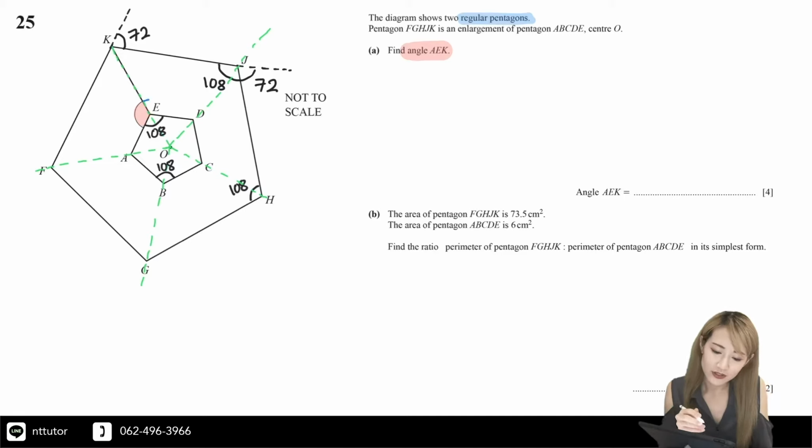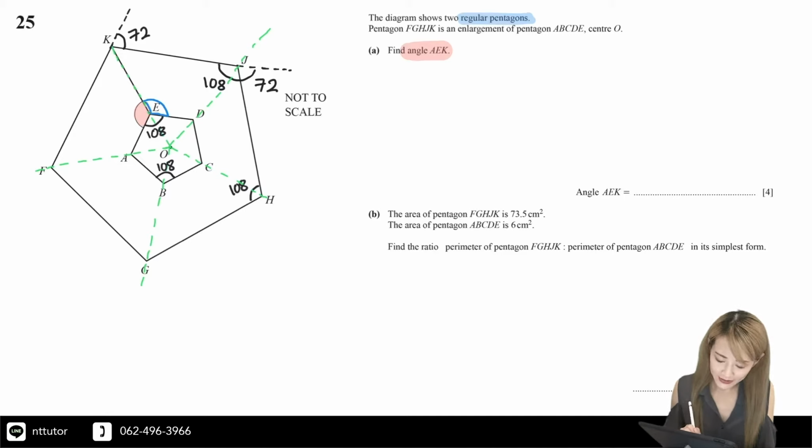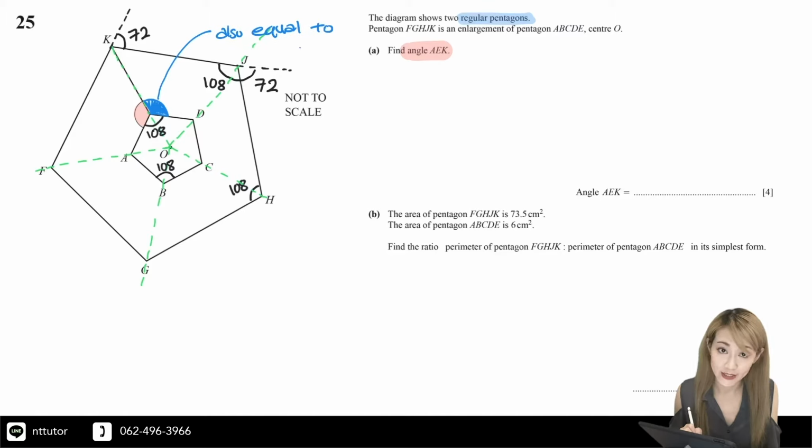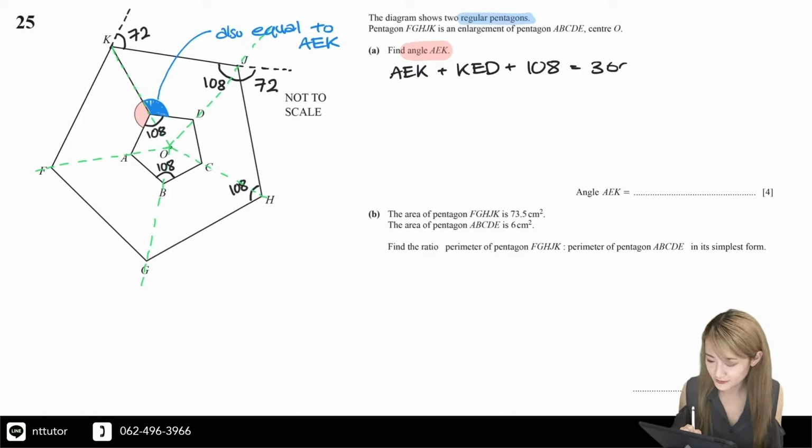So the angle on the other side of angle AEK, which is angle KED over here, must also be equal to angle AEK. So it makes a full circle at that point. So I can write angle AEK plus angle KED plus 108 degrees, which is one of the interior angles, equals 360.